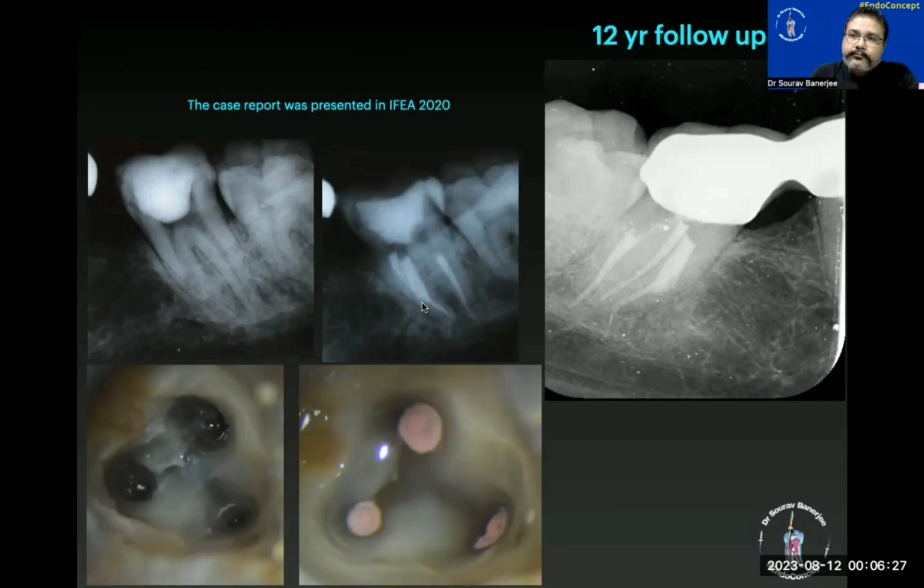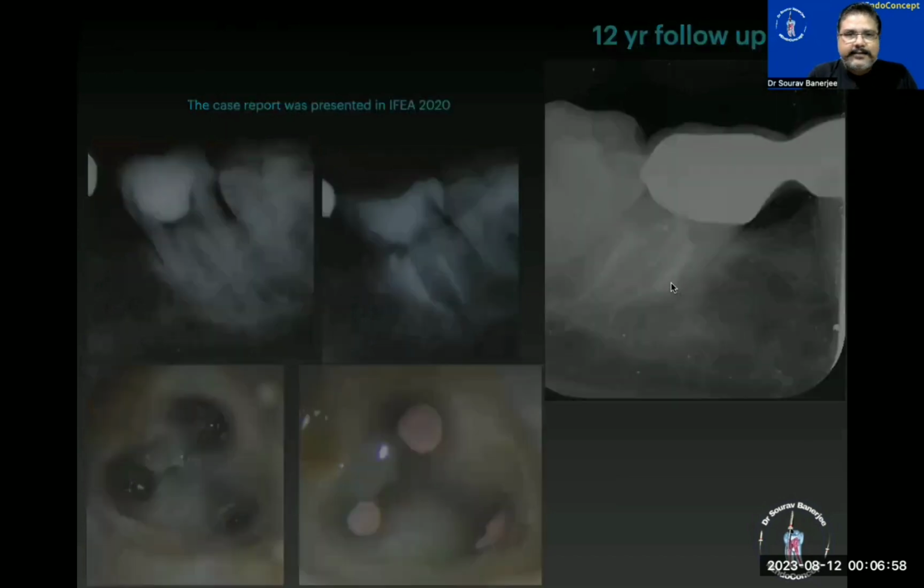But when we keep the follow-up, we come to know that no, it is surviving. It was a young male patient, having a good amount of chewing force, and still it is performing. That gives us a lot of confidence, and in future cases we get confidence from this idea. We create our own evidence so that we can manage such cases in the same way in future, and we can expect success.